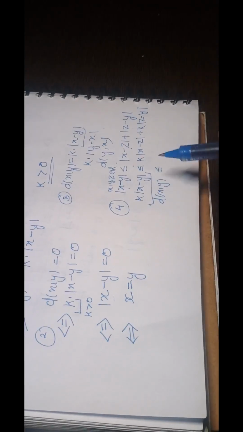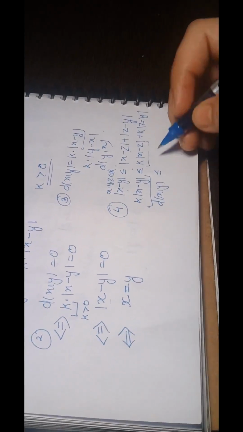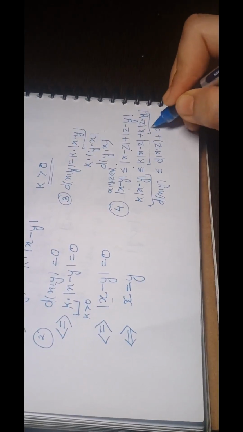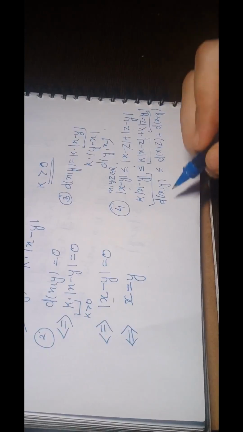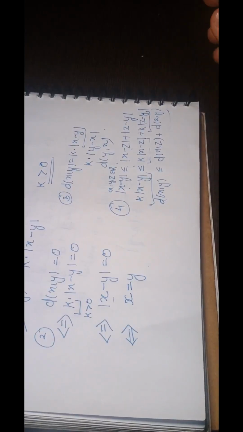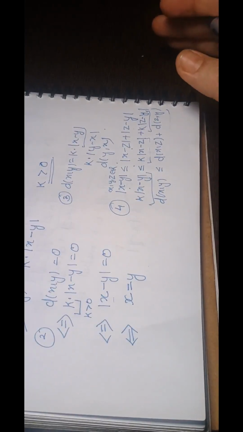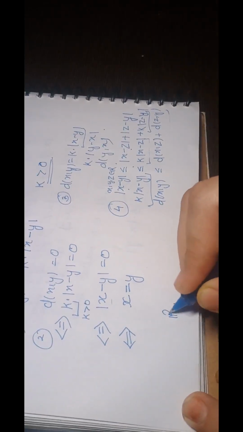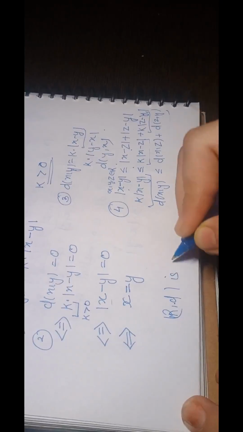This is by definition d of xy, this is by definition d of xz, and this is by definition d of zy. So hence the triangle inequality holds true. Therefore all four properties are satisfied, and this d is a metric and R with d is a metric space.